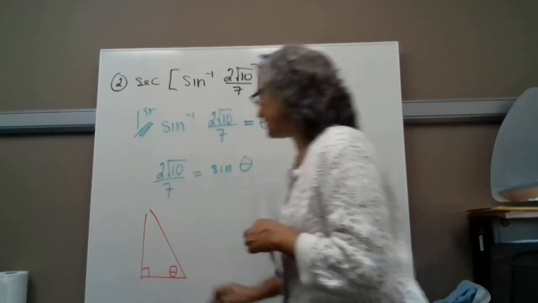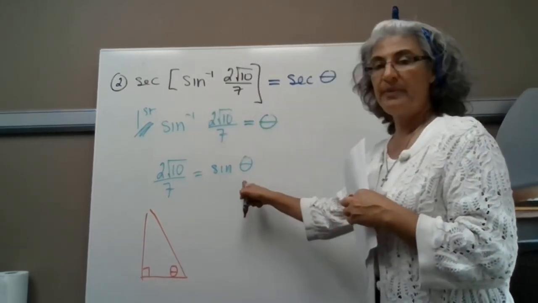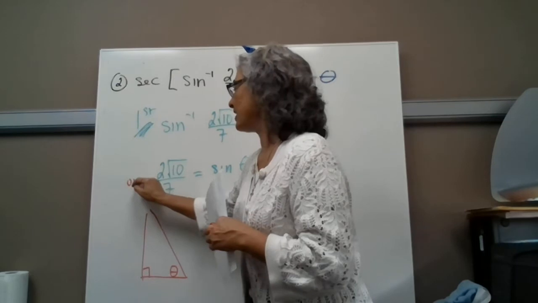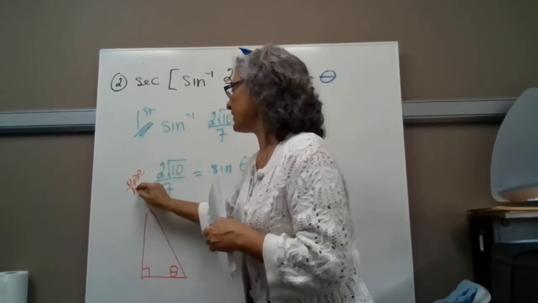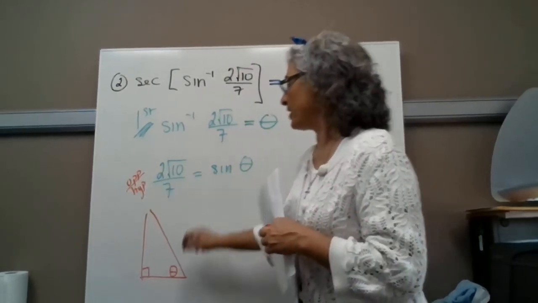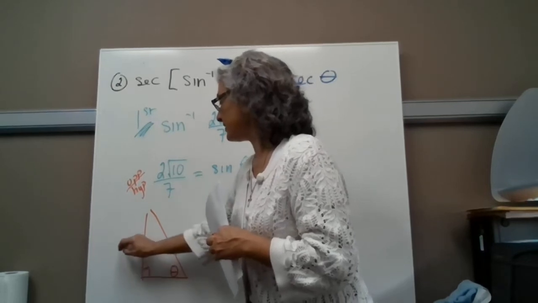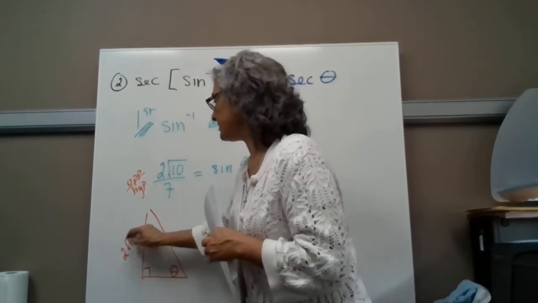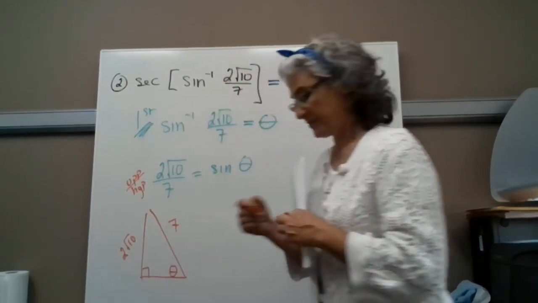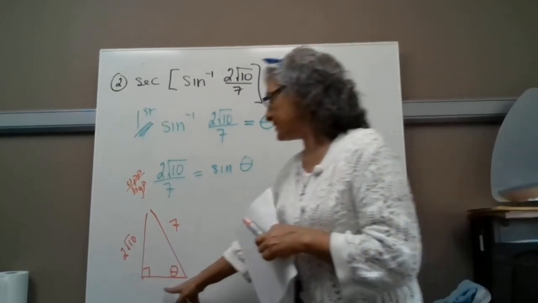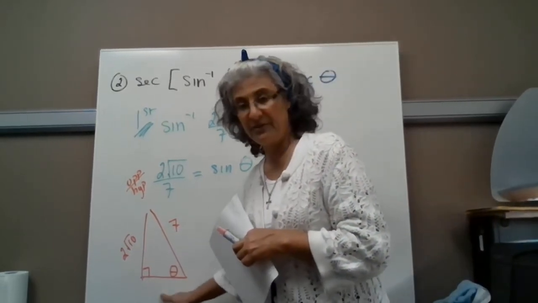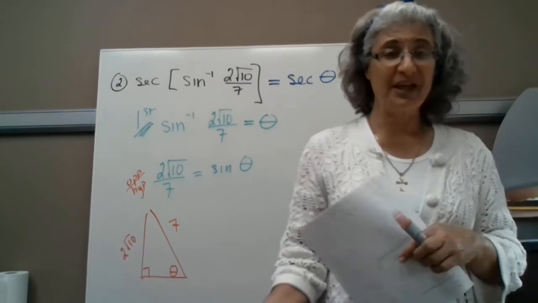I'm going to put theta here. What I know about sine, it is the opposite side over the hypotenuse. So my opposite to theta is 2 square root of 10. My hypotenuse is 7. I'm missing this side down here. You need to use Pythagorean Theorem.